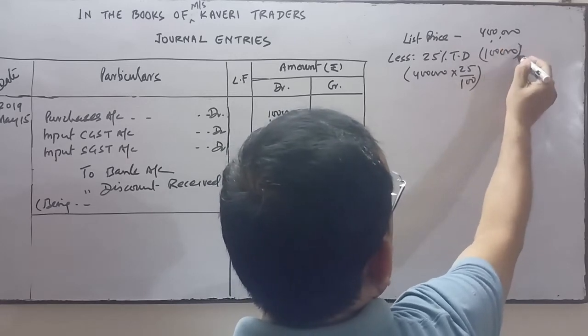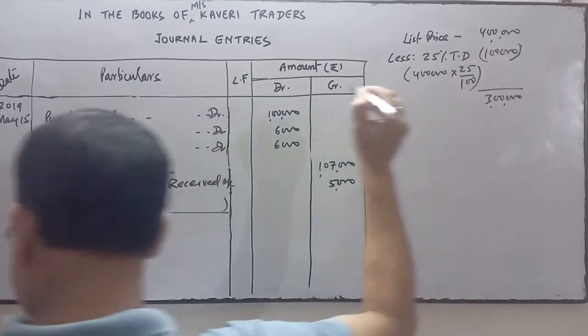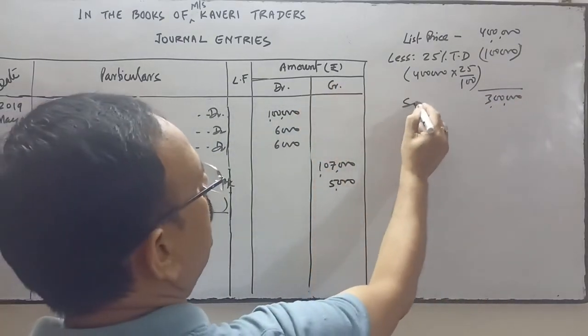After deduction it is 3 lakhs. So goods are sold at this value.